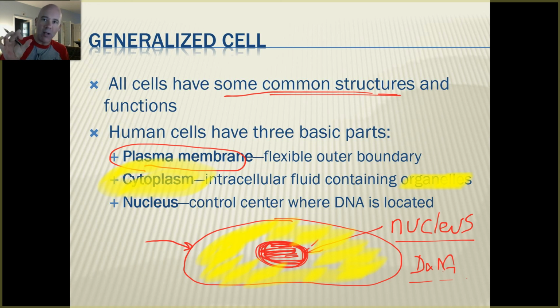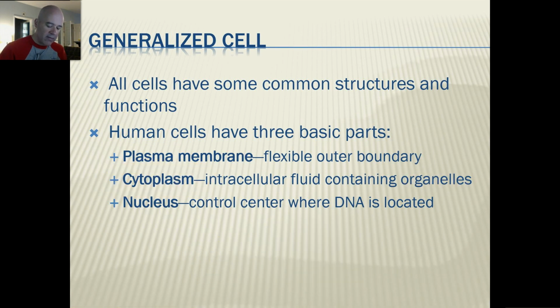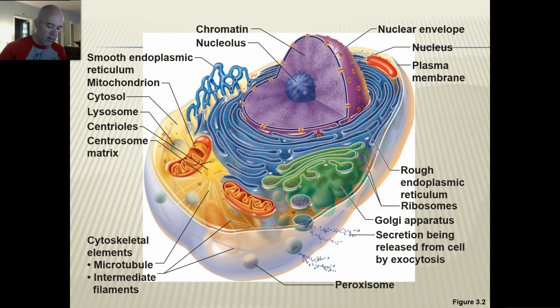They're not really organs, they're structures inside a cell that have specialized functions. So in a sense they are kind of like organs down at the microscopic level for cells, so they're called organelles. Just don't confuse that term organelle with organs. All right, so those are the three basic parts of a cell.